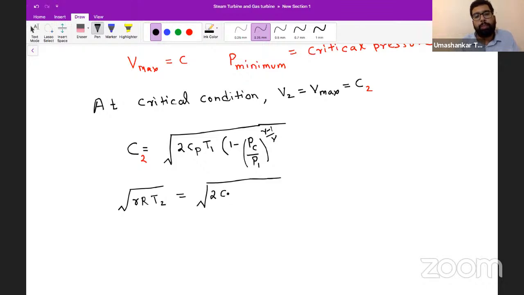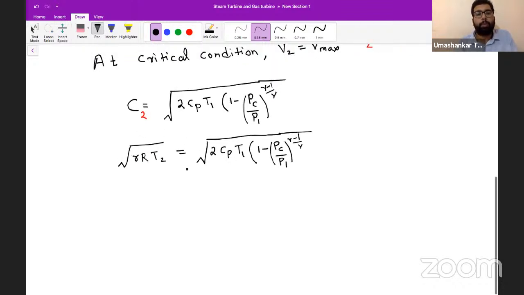So 2 Cp T1 times 1 minus PC by P1 to the power gamma minus 1 by gamma. Can we write like this? Certainly we can, no problem at all.